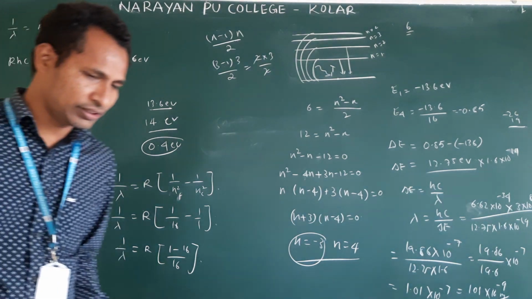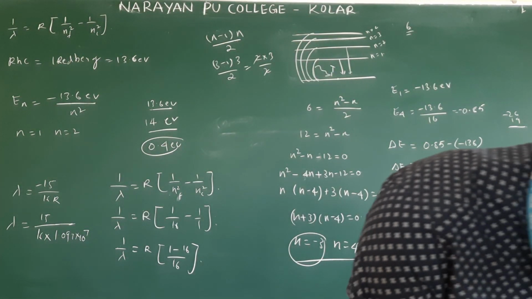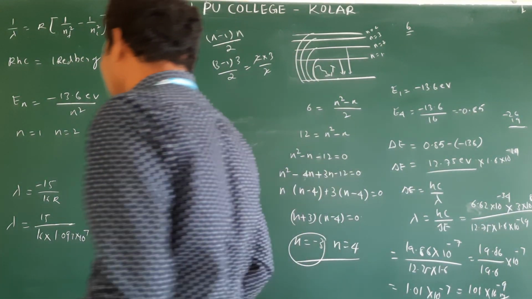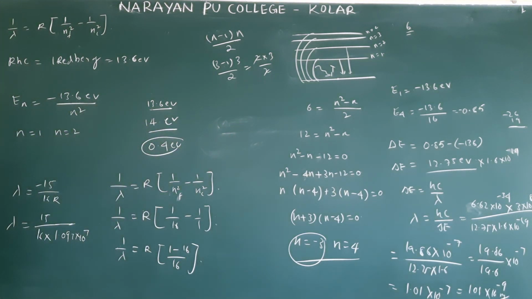Now we try to do this. 15 divided by 16 is 0.937, into 10 power 7 by 1.09 divided by 1.0.